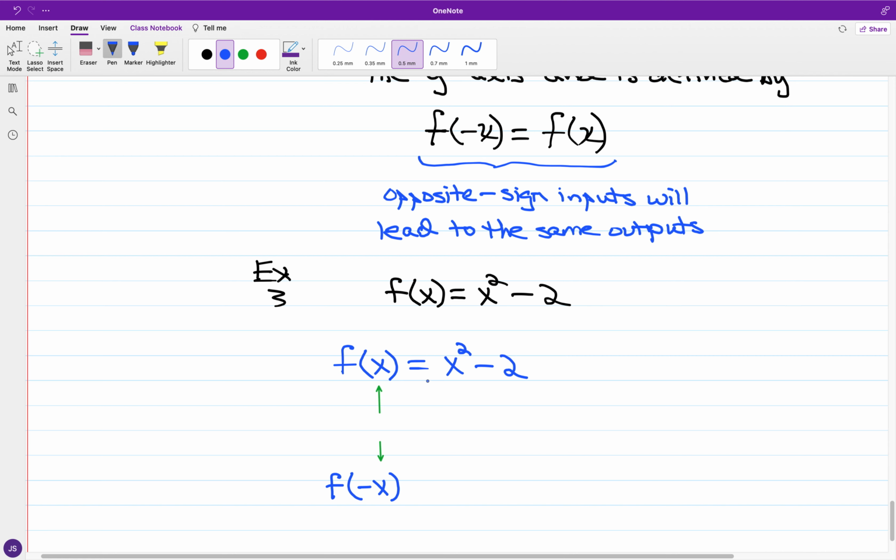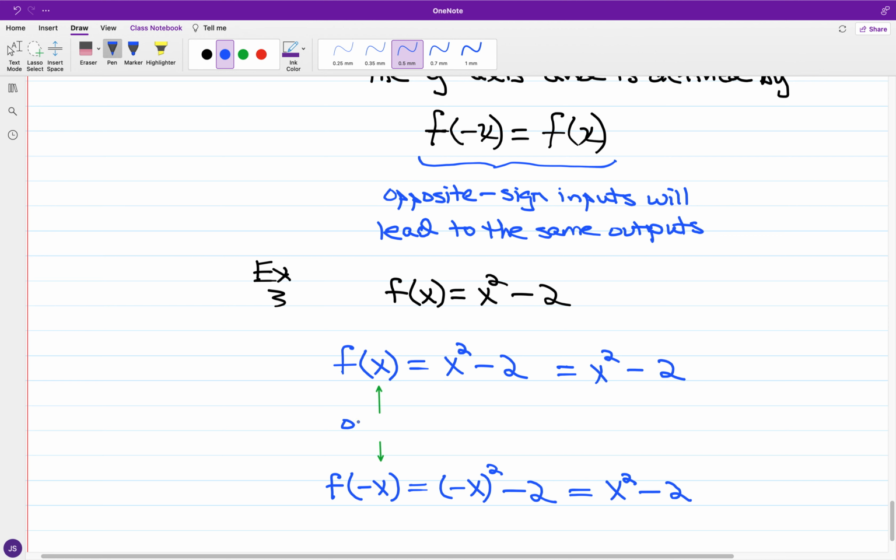Now we got f of x is equal to x squared minus 2, and if I have the input at negative x, you got the square of negative x, and no sign change for the constant since that is already locked in at minus 2. So the square of negative x is going to be positive x squared. We have minus 2. And just repeating what we have for f of x, again, that is x squared minus 2.